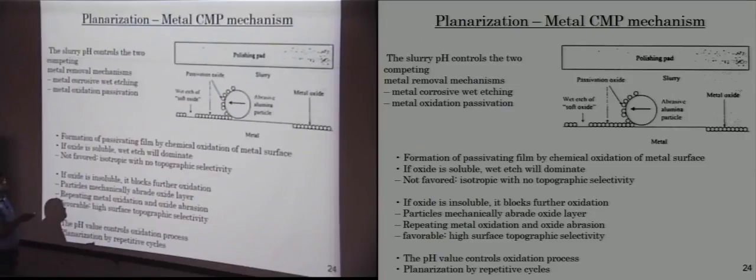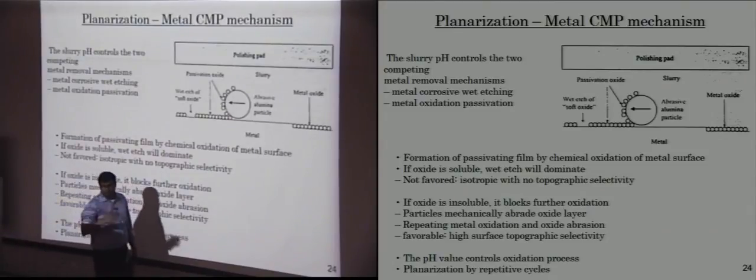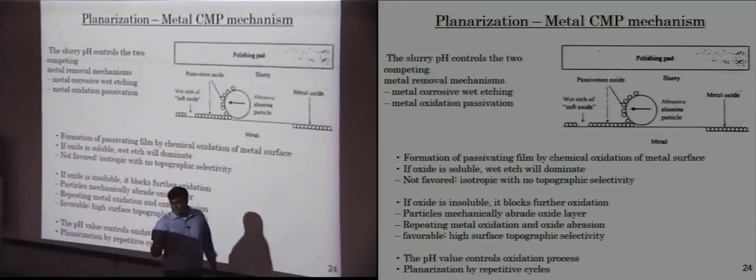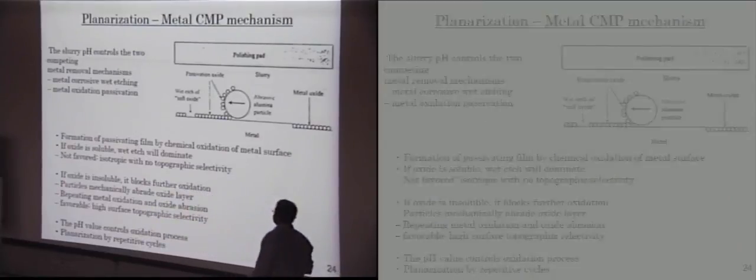And at those locations, wet etching will start to happen. Immediately again an oxidation process occurs and protects the etching from happening until the particle again removes the oxide and reveals it. So you have oxidation and removal of the oxide and etching happening all at the same time. It is more clearer over here.